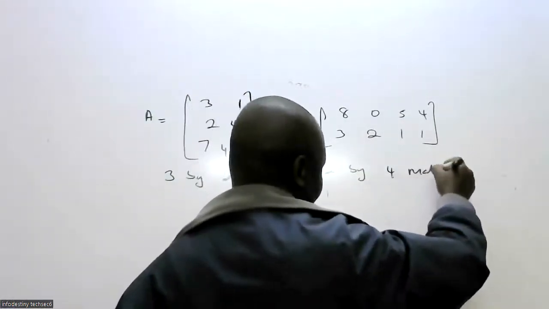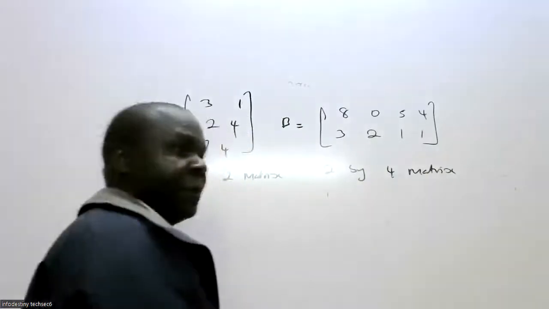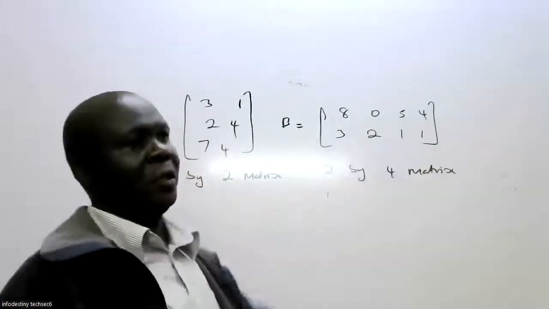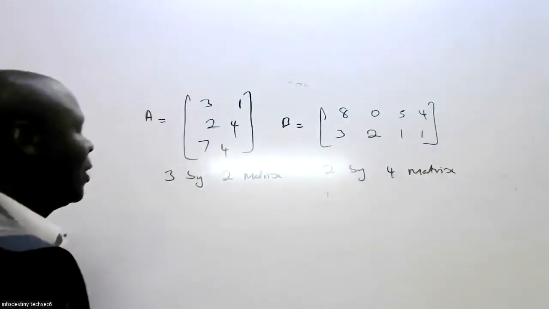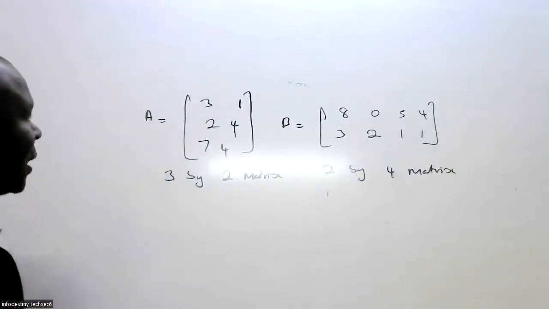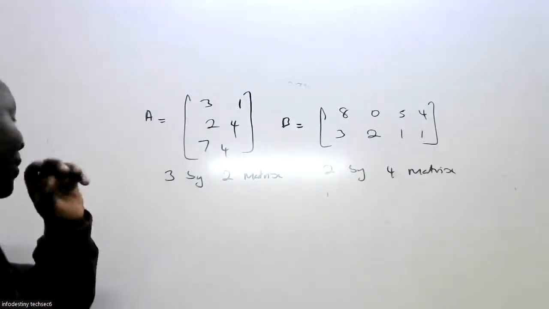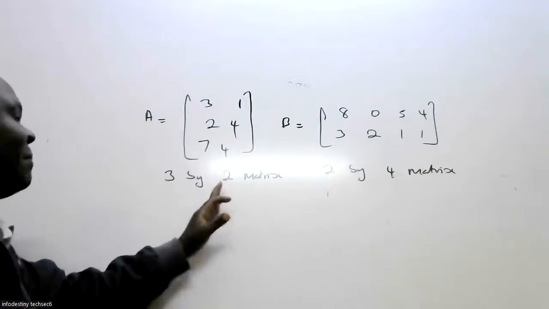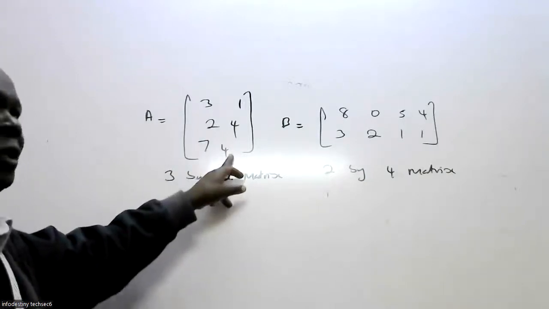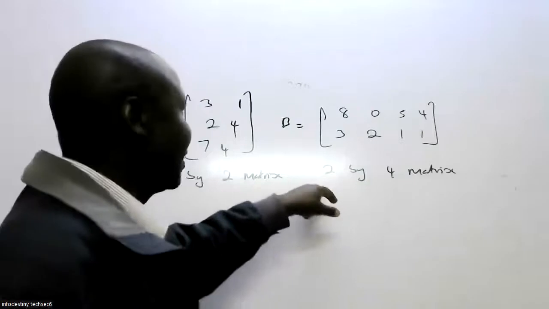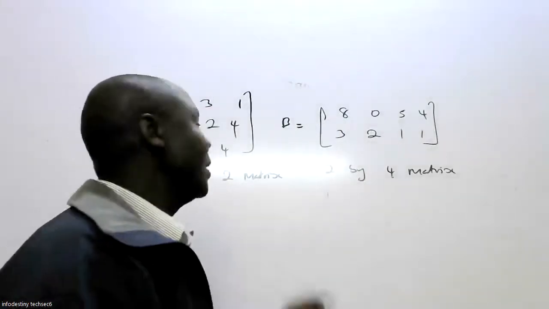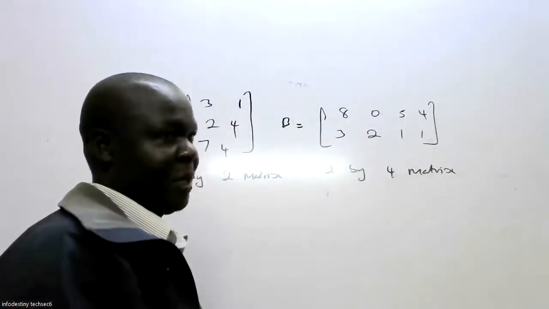We are together? Now, look at the columns in the first matrix. We have two columns. Look at the rows in the second matrix. We have two rows, which means you can multiply.